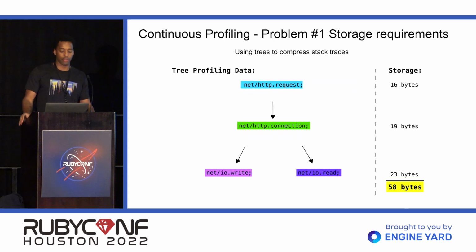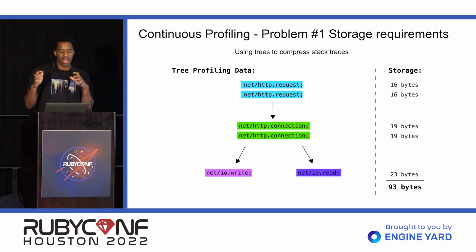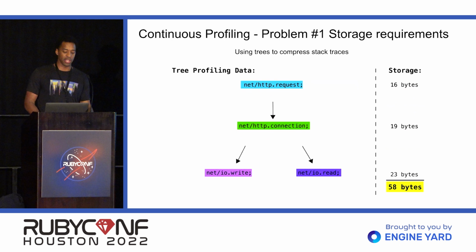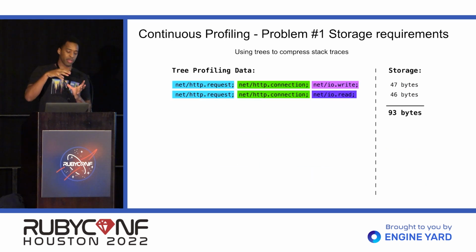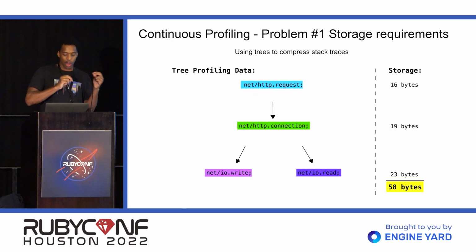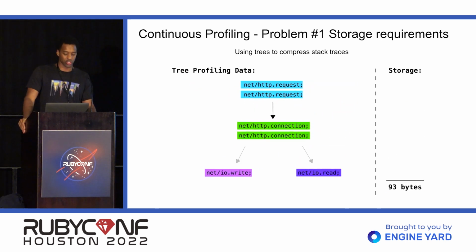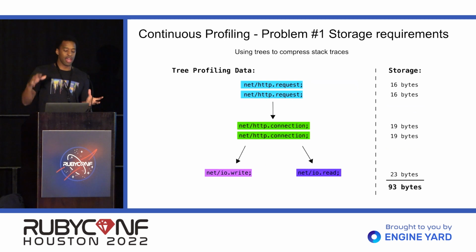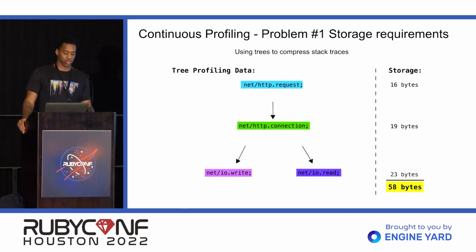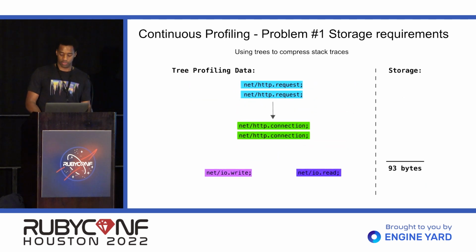And so, the first problem that we solved was the storage requirements aspect of it. As you can imagine, stack traces have a lot of repeated data. And so by turning them into trees, we found ways to implement a lot of the algorithm basics that you learn as you're learning a lot of languages like Ruby or whatever, in order to compress the data using trees and get rid of a lot of that duplication in the stack traces themselves.